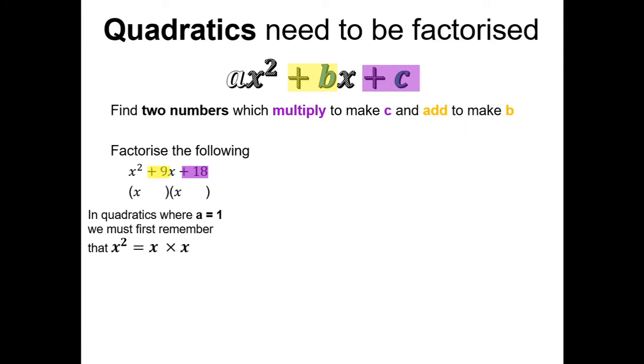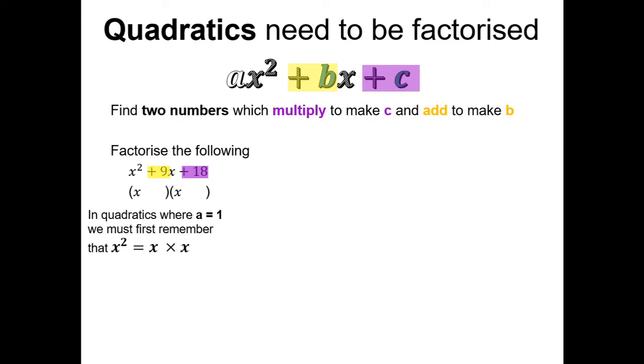Okay, so two numbers that multiply to make 18 and add to make 9. Big hint here, don't start by thinking which numbers add to make 9. There is an infinite number of pairs of numbers that add to make any value. But there is a set number of pairs of values that multiply to make any number. You can do a factor spider to see those pairs of values, and you'll see that you will run out of pairs.